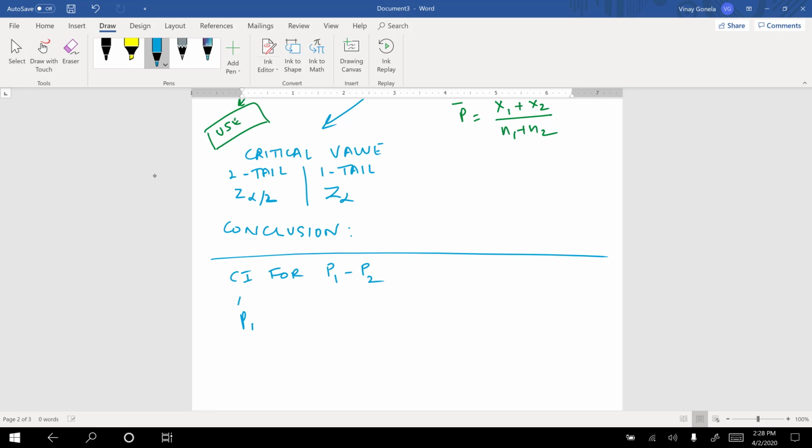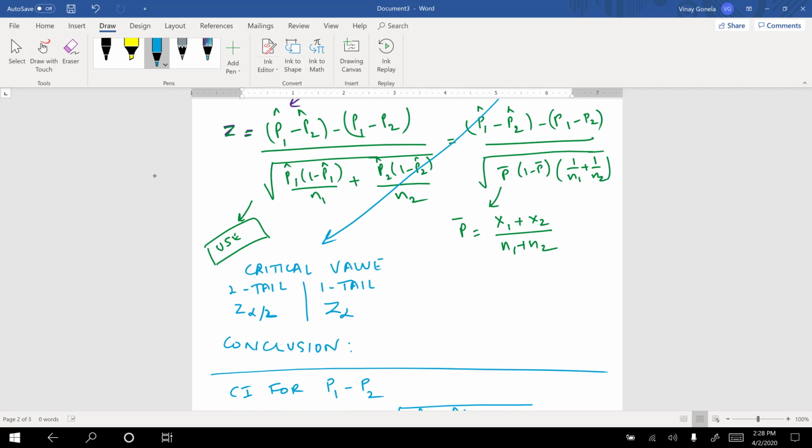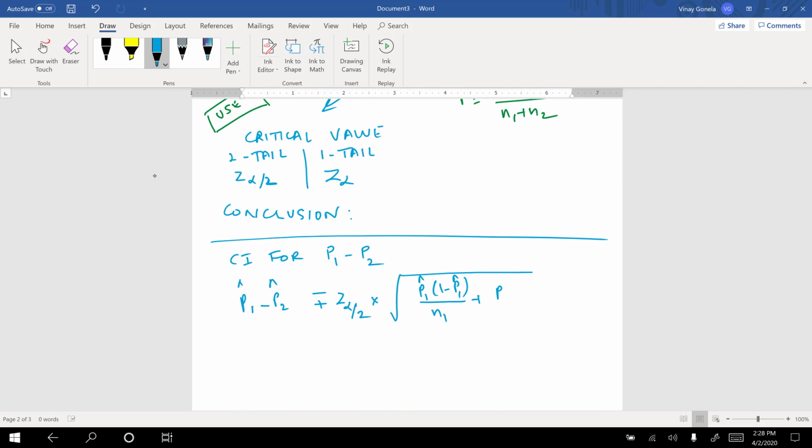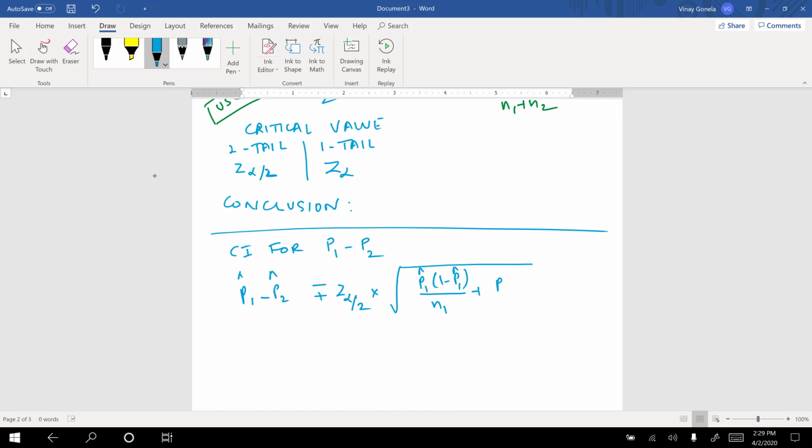The formula would be p1 hat minus p2 hat, plus or minus z alpha over 2, multiplied by the square root of p1 hat times 1 minus p1 hat divided by n1, plus p2 hat times 1 minus p2 hat divided by n2.